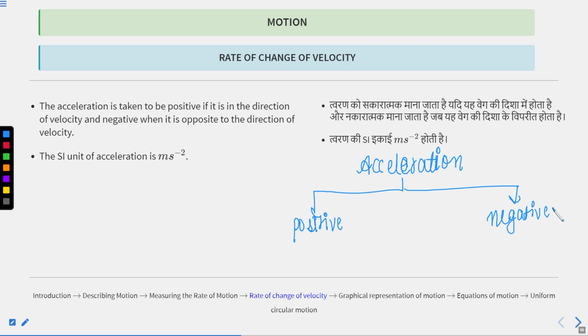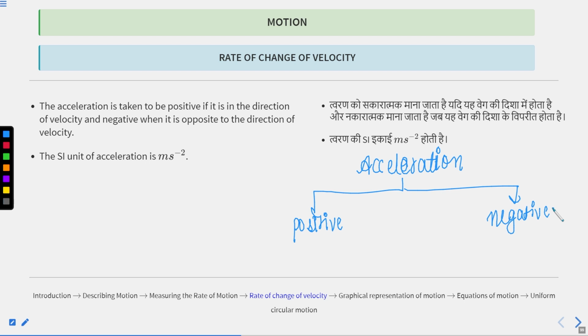Positive acceleration is when you are on the bike and you hit the accelerator, so your bike will race fast. That type of acceleration in which you provide the acceleration is known as positive acceleration.